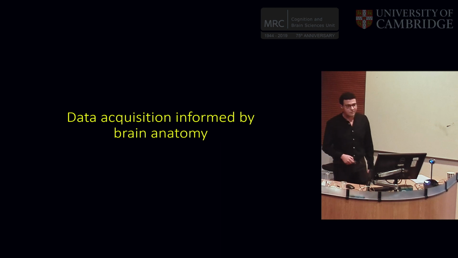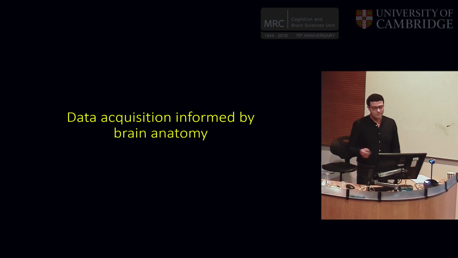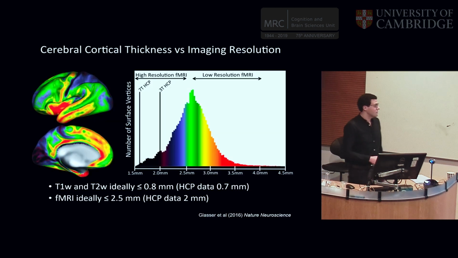First thing is to respect brain anatomy, so acquire data informed by the brain anatomy. This is a map of the cortical thickness across the whole brain. As you can see, the thinnest cortex is around 1.5mm.